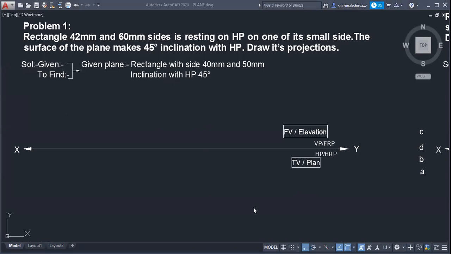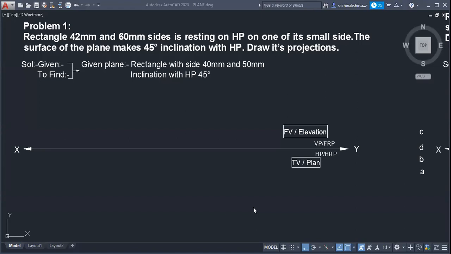A rectangle of 42 mm and 60 mm sides is resting on HP on one of its small sides. The surface of the plane makes a 45 degree inclination with HP. Draw its projections.